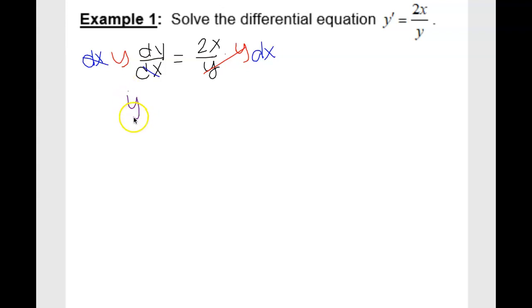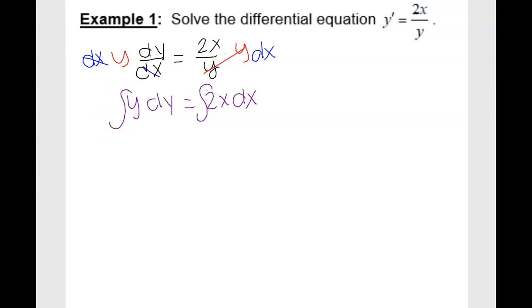That gives me y dy equals 2x dx. If I want to solve this differential, that means I want to get rid of the dx's and the dy's. So we're working backwards.